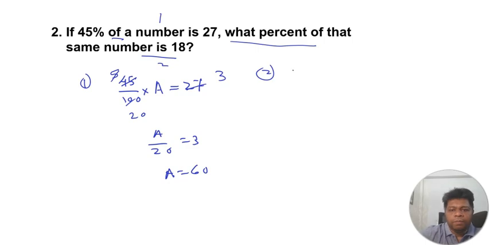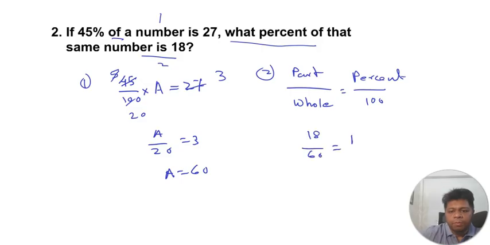Here we will be applying that formula: part by whole equal to percent by 100. Part is 18 over here, 60 is the whole, I have to find the percent, and here is 100. Now I can discard 0 on both sides. Divide 18 by 6, so it will be 3 by P by 10. So the value of P will be 30. So the answer is 30%.